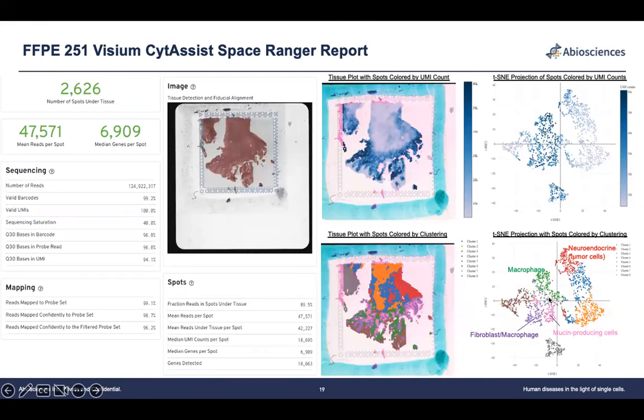We are also seeing the mucin producing cells from this region, and then the collagen secreting cells. That's probably fibroblast as well as macrophage in this cluster. And we also have a more pure population of macrophage cluster represented in the green cluster here.